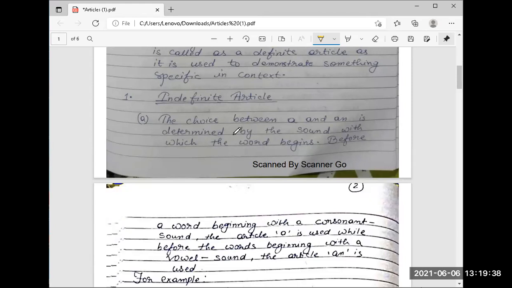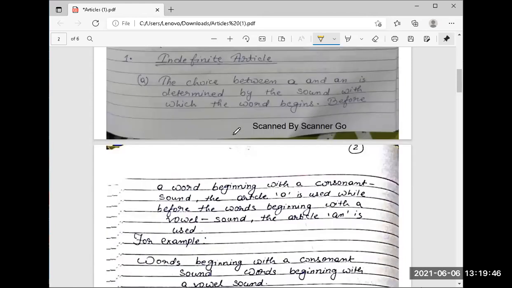Does anyone have any idea about the indefinite article? Can you tell me in a very simple way what an indefinite article is? Indefinite articles are a and an. Definite article is the.